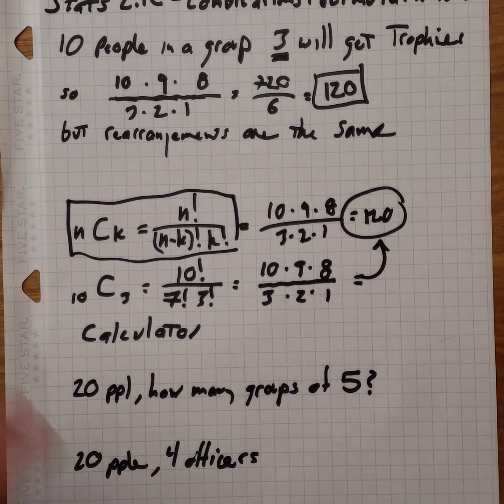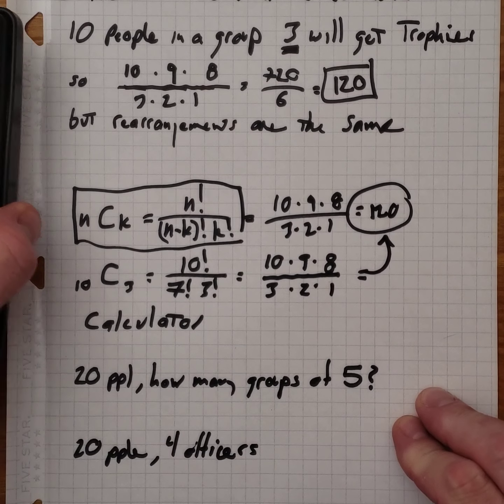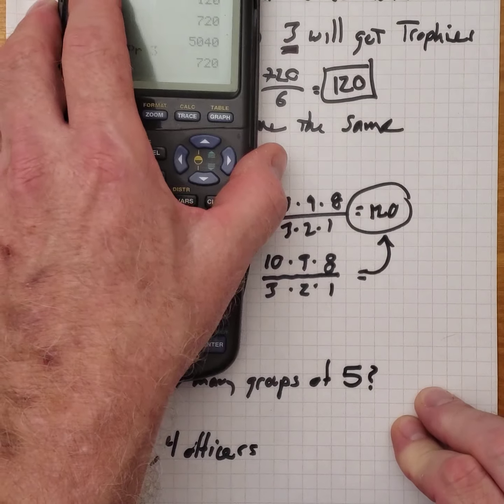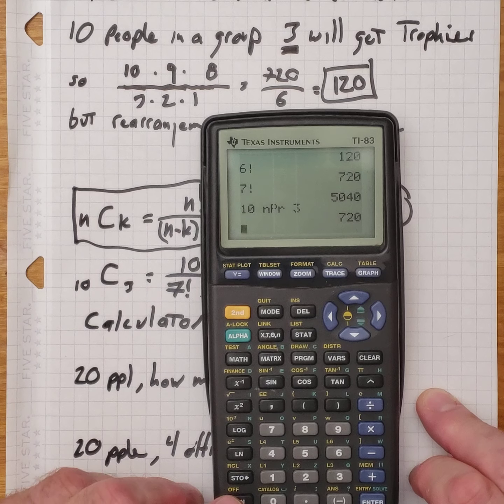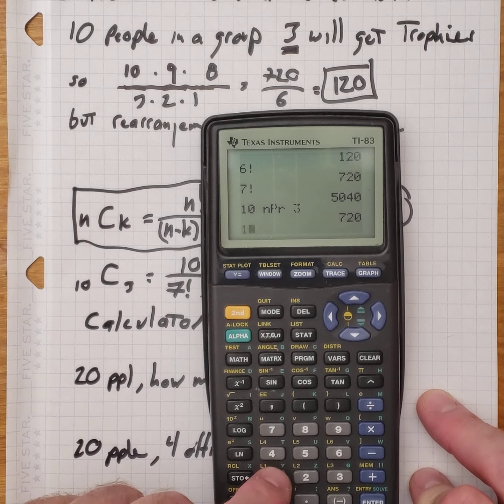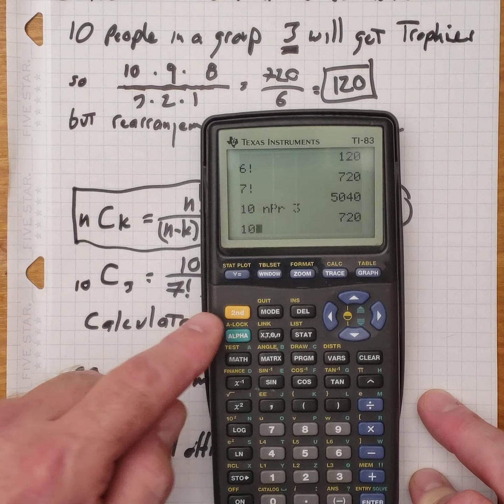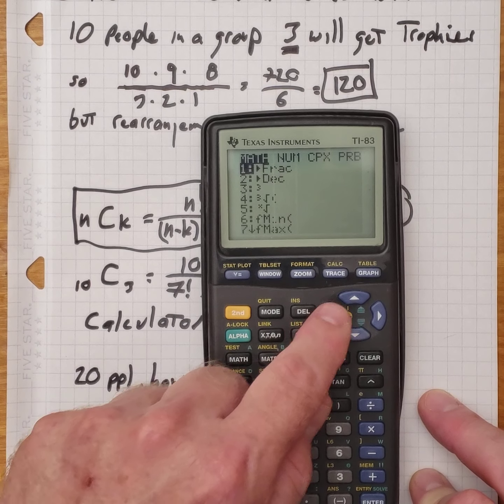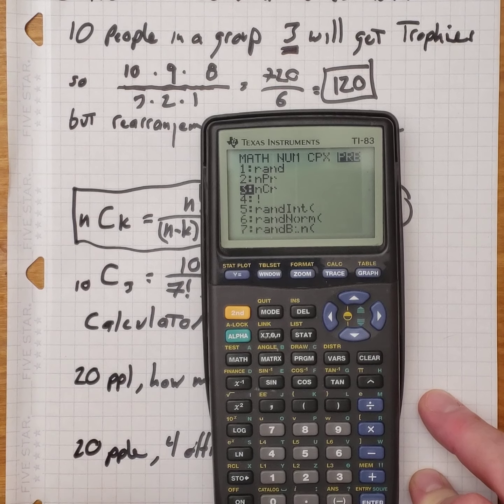Now, the way you're actually going to do this, you're welcome to do it this way. It's not very difficult. For smaller numbers, it's not much more work than just taking out the calculator. But suppose we want to do it with the calculator. Start with the 10, the total number in the group we're choosing from. Then we go to Math, over to PRB, and down to nCr, or n choose r.